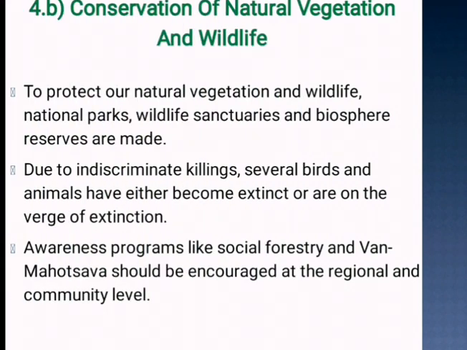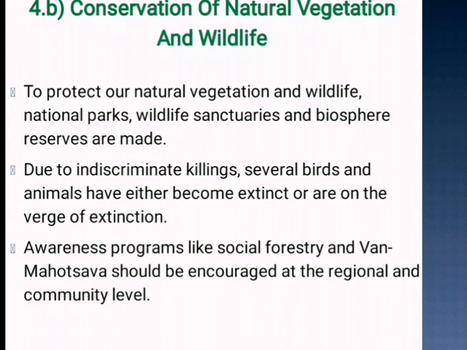Next, conservation of natural vegetation and wildlife. To protect our natural vegetation and wildlife, national parks, wildlife sanctuaries, and biosphere reserves are made. Due to indiscriminate killing, several birds and animals have either become extinct or are on the verge of extinction.